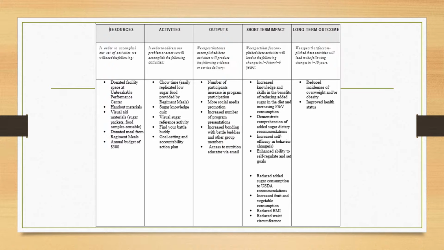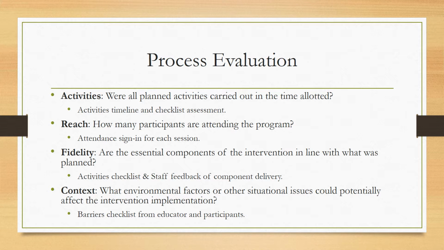This evaluation will be focusing on short-term outcomes, assessing knowledge and skills and the benefits of reducing added sugar in the diet and increasing fruit and vegetable consumption, comprehension of added sugar dietary recommendations, self-efficacy and behavior changes, and the ability to self-regulate and set goals.